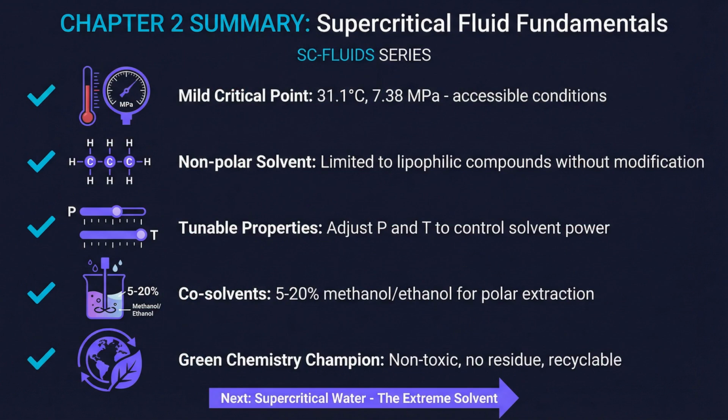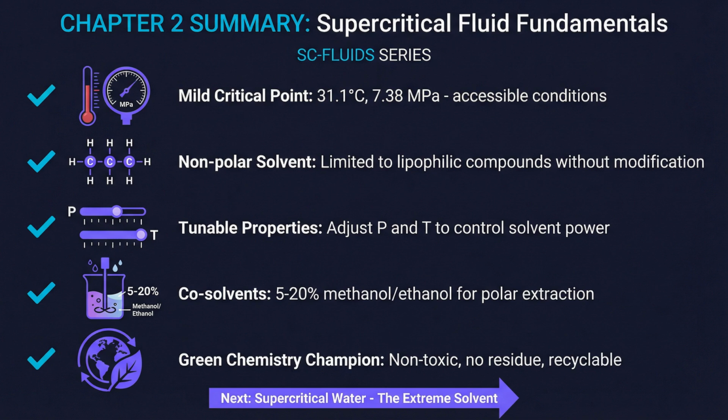To summarize Chapter 2, supercritical CO2 has an accessible critical point at just 31 degrees Celsius and 7.4 megapascals. As a nonpolar solvent, it's naturally suited for lipophilic compounds, but this range can be extended with co-solvents. Properties are fully tunable by adjusting pressure and temperature.